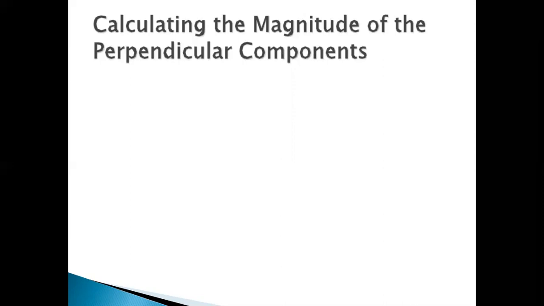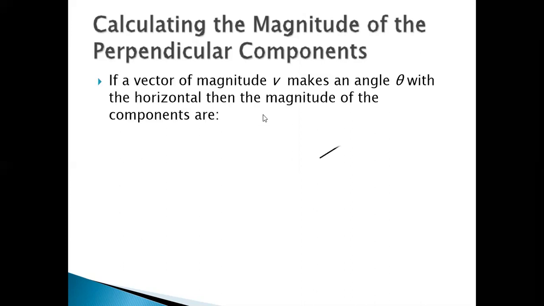Let's see a calculation to help you understand this. Calculating the magnitude of the perpendicular component. Let's consider an example. If a vector of magnitude v makes an angle theta with the horizontal, then the magnitudes of the components are as follows.